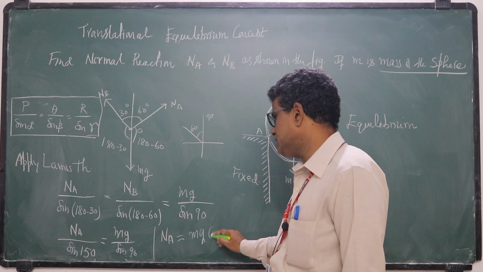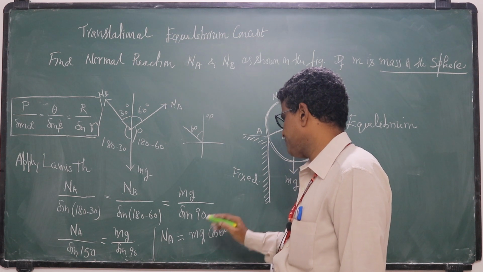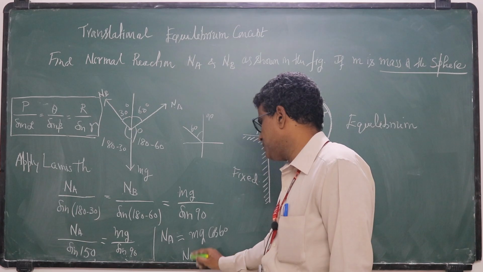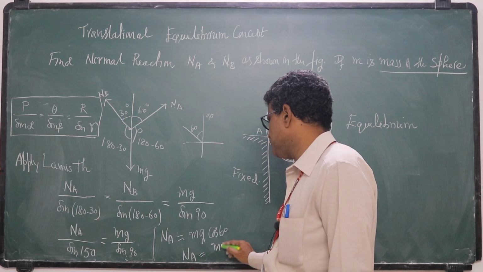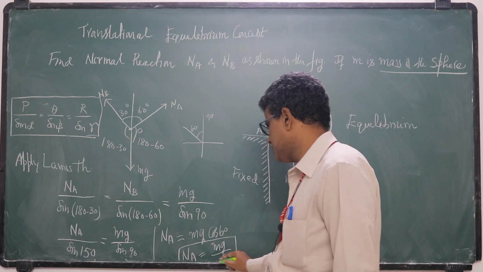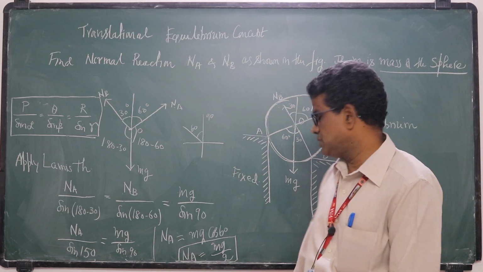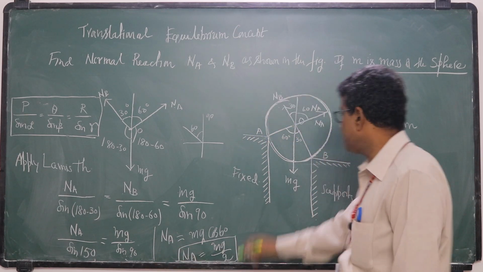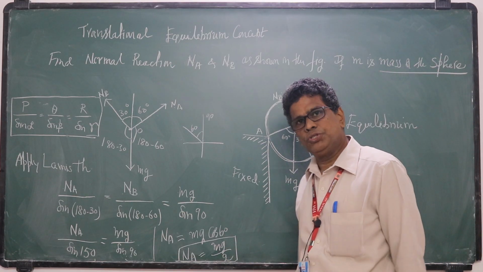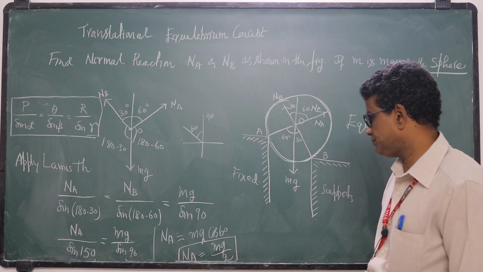What is cos 60? Cos 60 becomes half. So you will get NA is equal to mg by 2. So this is the answer. I got the normal reaction at A as mg by 2. Clear?